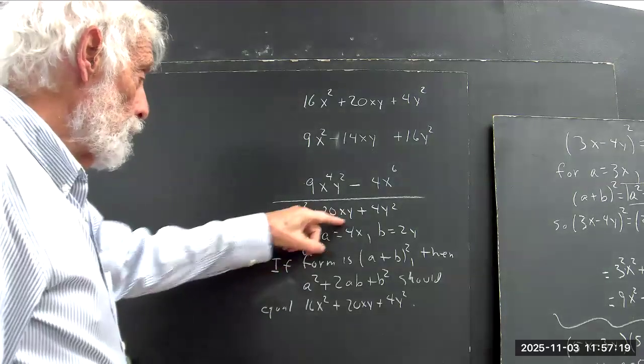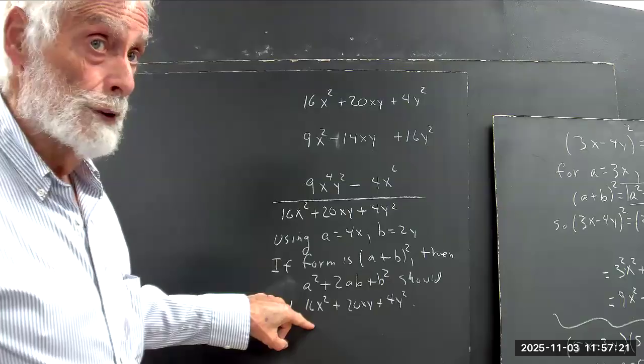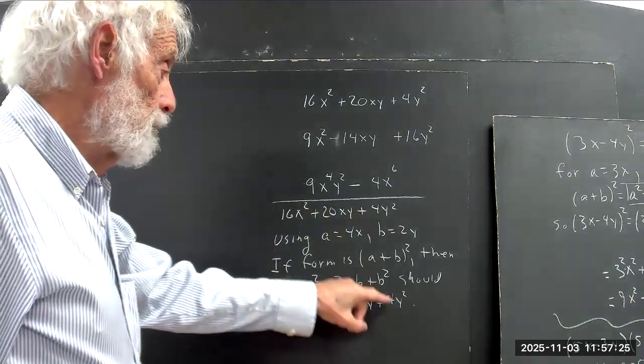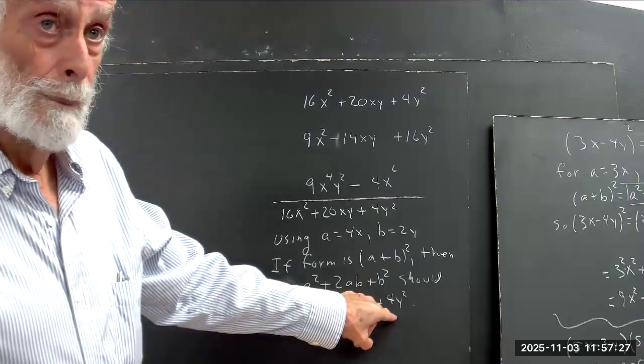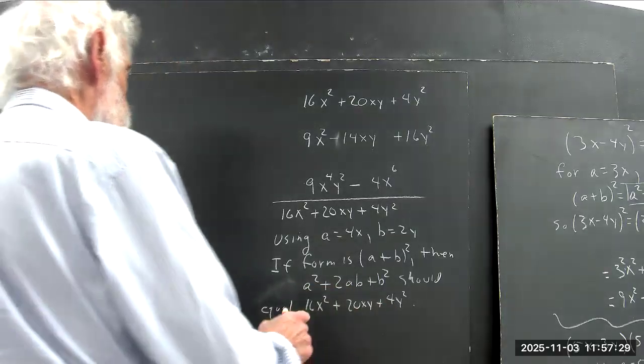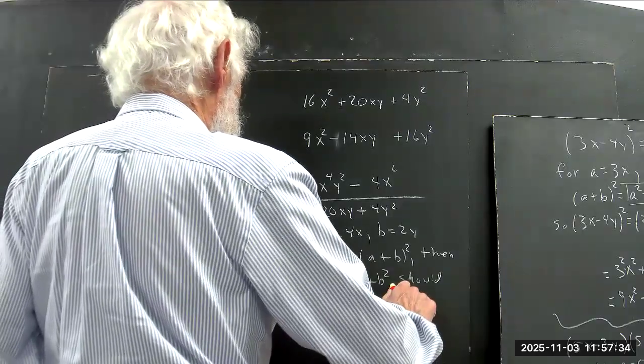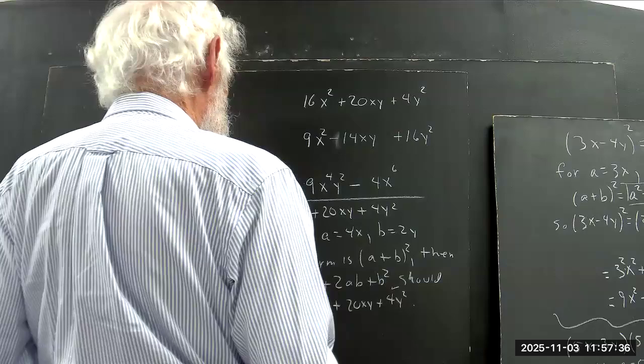Now, if A equals 4x, then A squared equals 16x squared. And if B equals 2y, then B squared is 4y squared. So I'm not going to bother to write that out. I'm just going to put a little check mark on the 16x squared and the 4y squared.